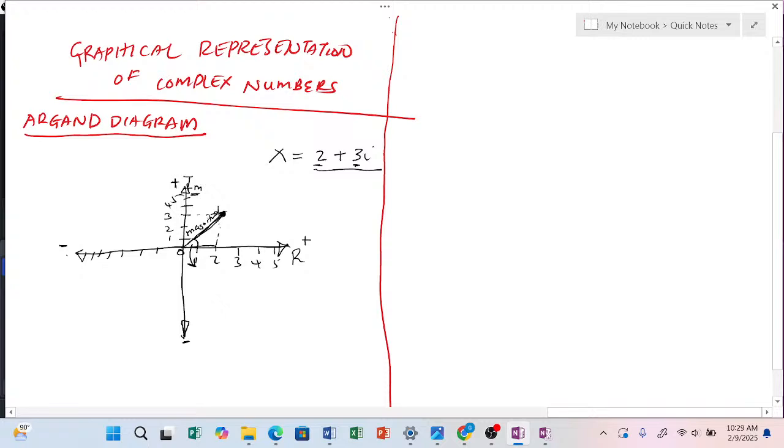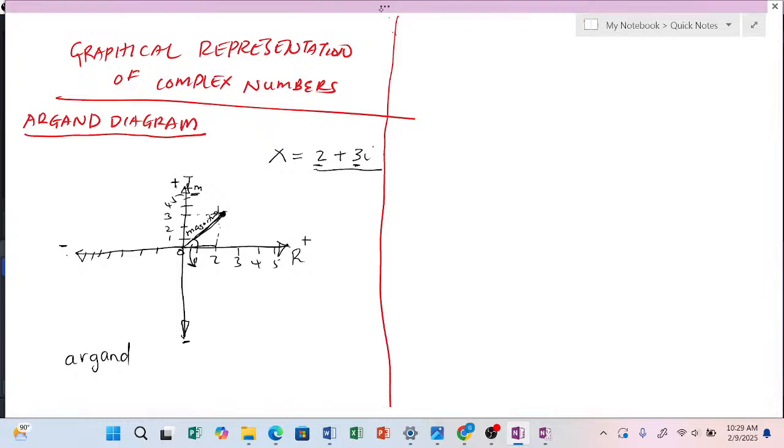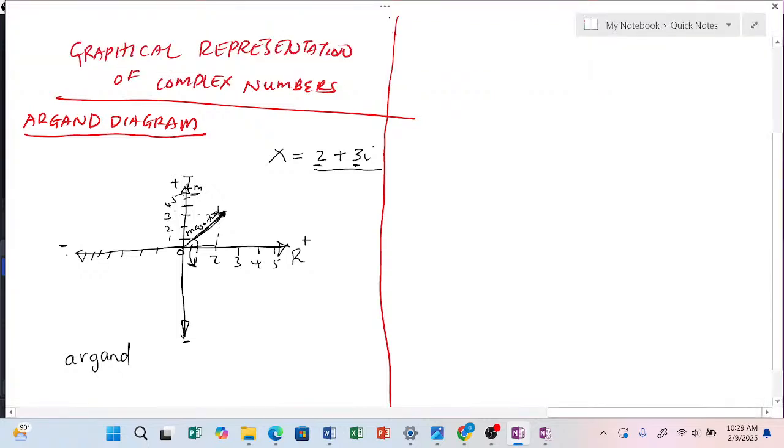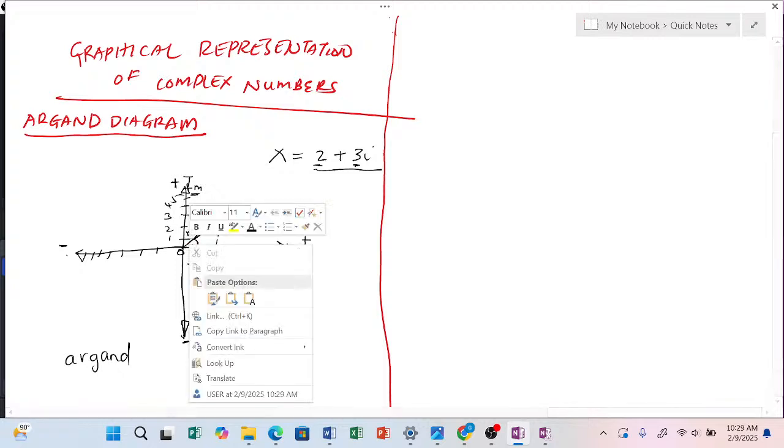That angle is what we call the argument. The angle that is made with the real axis, that is the argument. When we begin complex numbers in the polar form, we would understand it better.